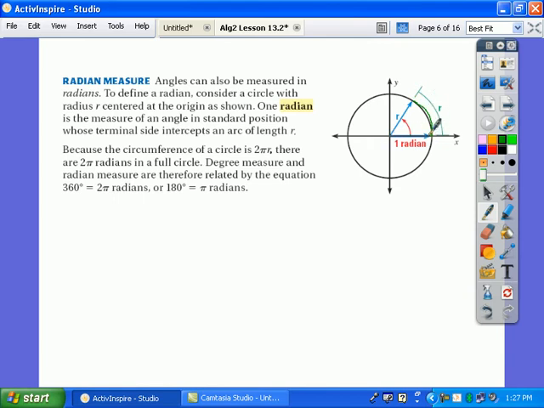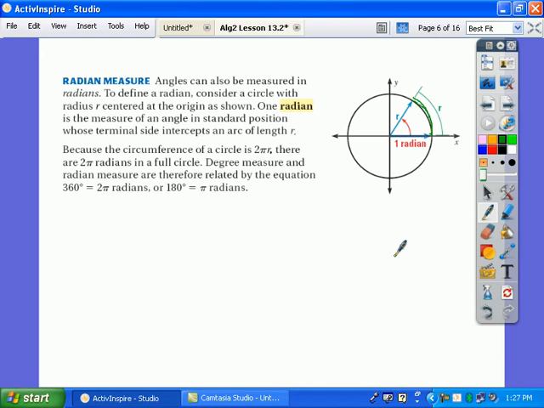So the old measuring system, don't freak out yet. The old measuring system said we're going to have 360 degrees in a circle. Now, who picked that? Why aren't there 400 degrees in a circle? Why aren't there 10 degrees in a circle or 100 degrees in a circle?